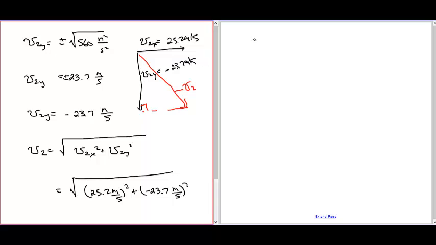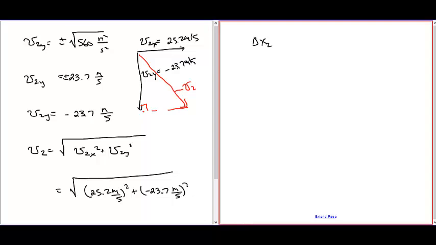Now the horizontal range, you use delta x2 is equal to v0x times t2. So we need the time t2, and the way you would do that is you would use any one of the equations. The second equation is always the easiest one to use.